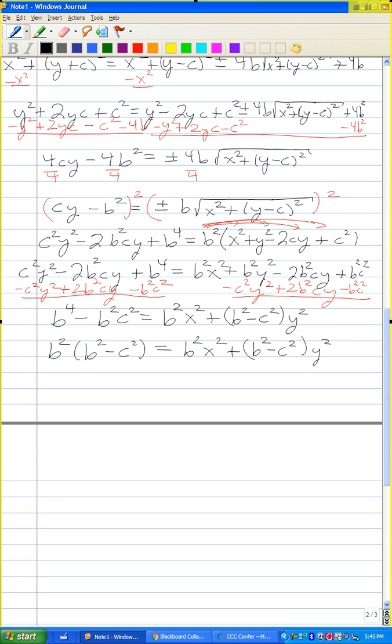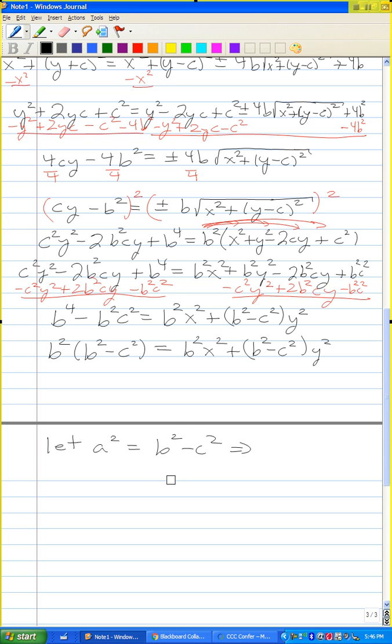Okay, and so now I'll actually let a squared equals b squared minus c squared. That should be the other way around.